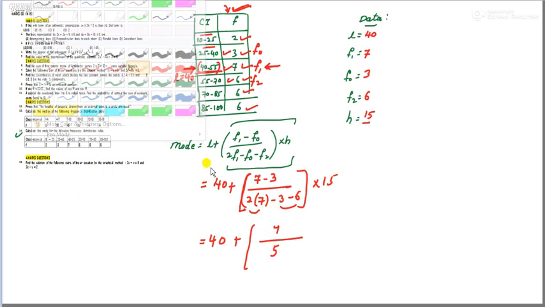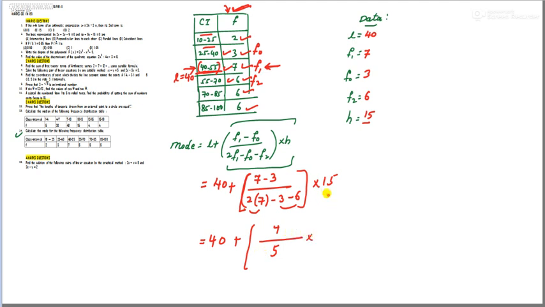Are you guys getting it? Into this 15, I'll write it as it is. First solve the bracket: 5 threes are 15, so 4 into 3 is 12. So 40 plus 12 is 52.